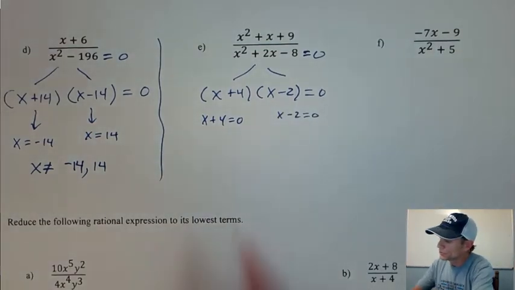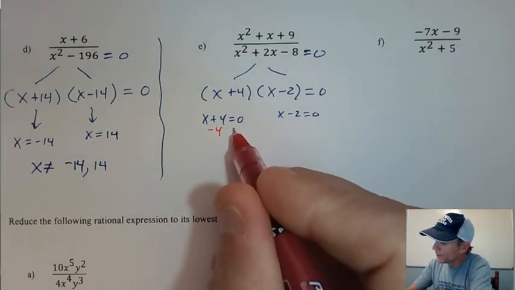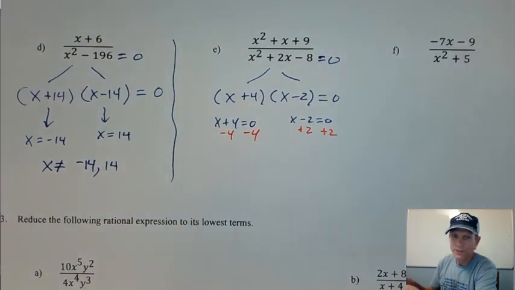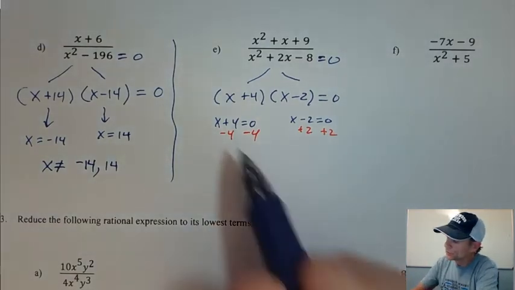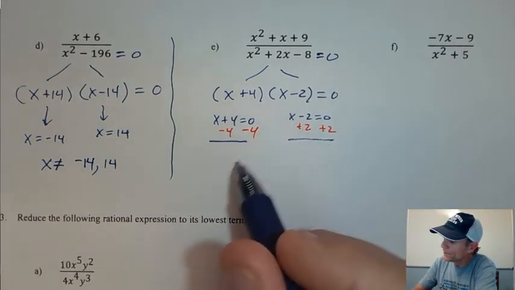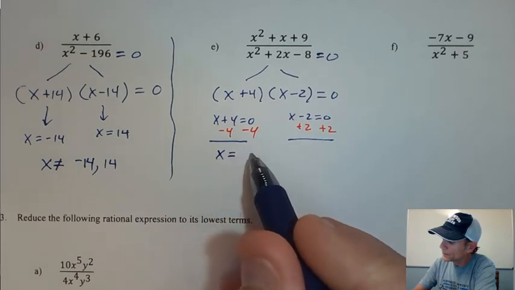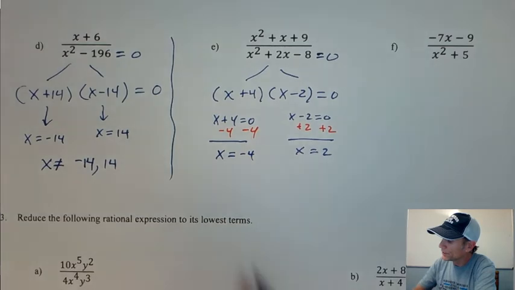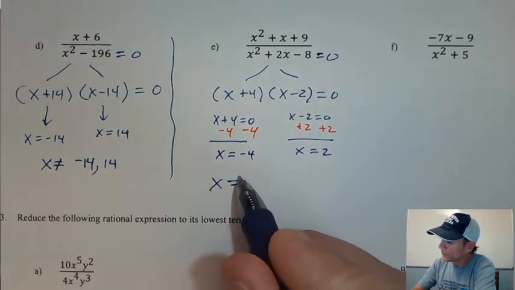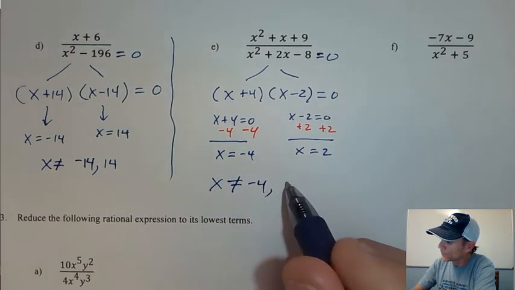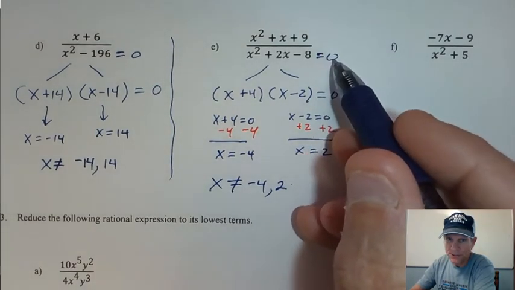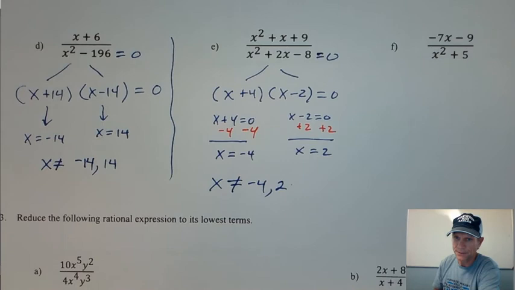Remember, if you're good at the shortcut, you could probably finish that a little quicker. But I'm solving these two equations here. I get x equals -4, x equals 2, and therefore x cannot equal -4 or 2. Because remember, if we put those values in here, that would cause a 0, and we can't divide by 0.